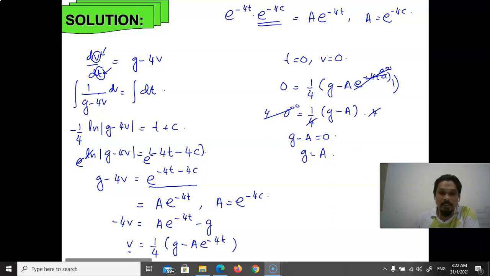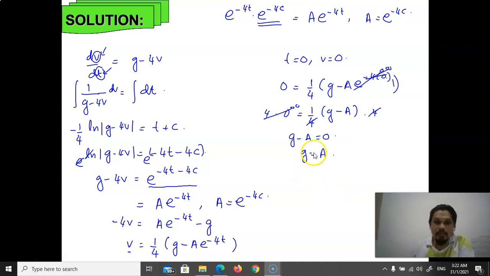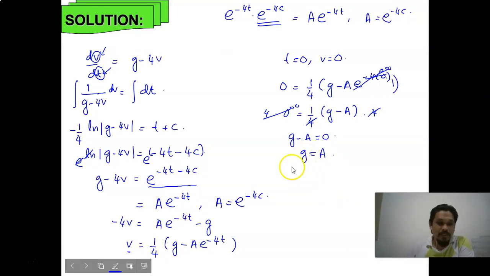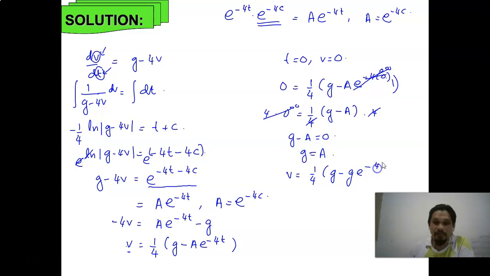And g equals a, for this one here now, back to this equation, v equals 1 over 4 g minus g e power of negative 4t.